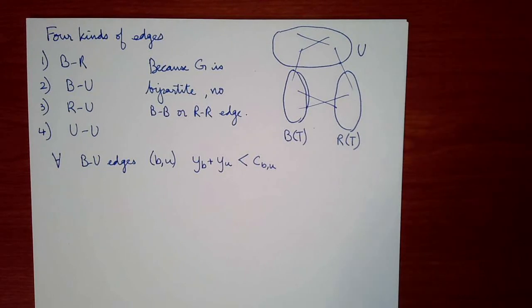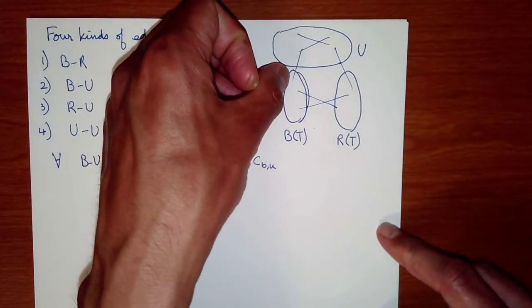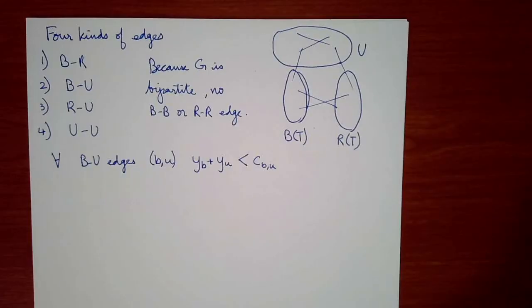How are we going to update the dual variables so that we can continue to make progress? What do you want to do when you make progress? You want to increase the number of equality edges. Because then, if we can make one of these edges an equality edge, then we can start making progress. So how should we update the dual variables? Any suggestions?